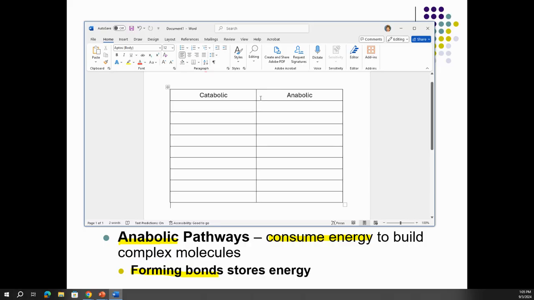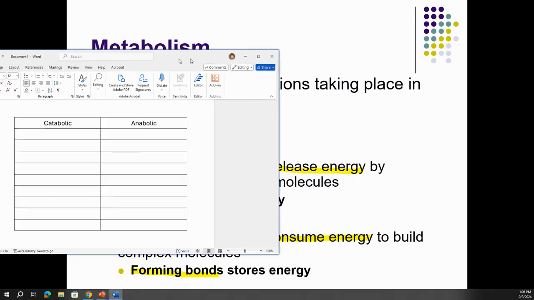Once again, because I have trouble writing on the lesson, I went ahead and just created a table. But what I want you to do is somewhere on your notes, create a T-chart. On one side, put catabolic, or you could put catabolism. And on the other side, put anabolic or anabolism. And we're going to be going back and forth between those two.